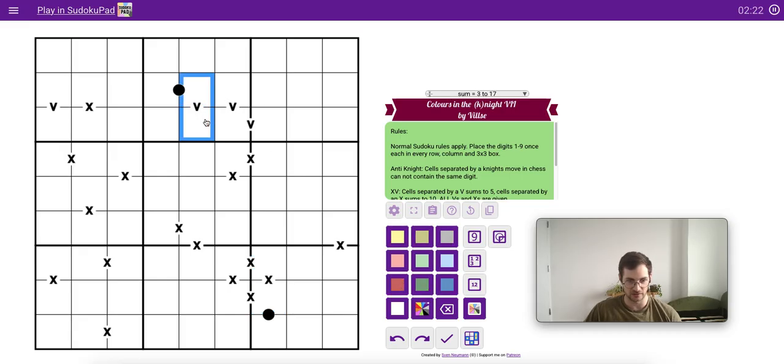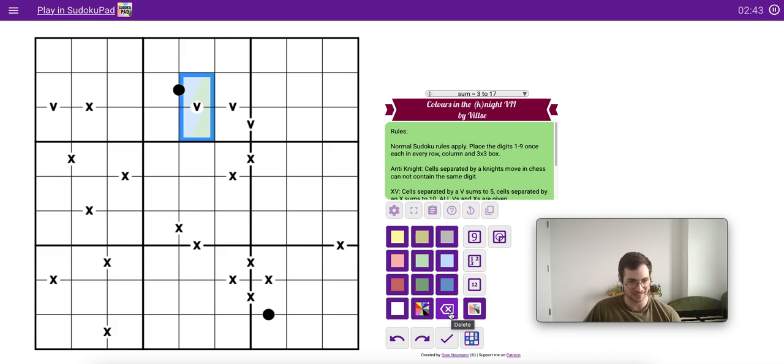And so for a V pair, I'll either assign them yellow and light red or pink, which I sometimes call the hot 5, or I'll assign them light green and light blue, which I call the cool 5. You'll see how that works moving forward.